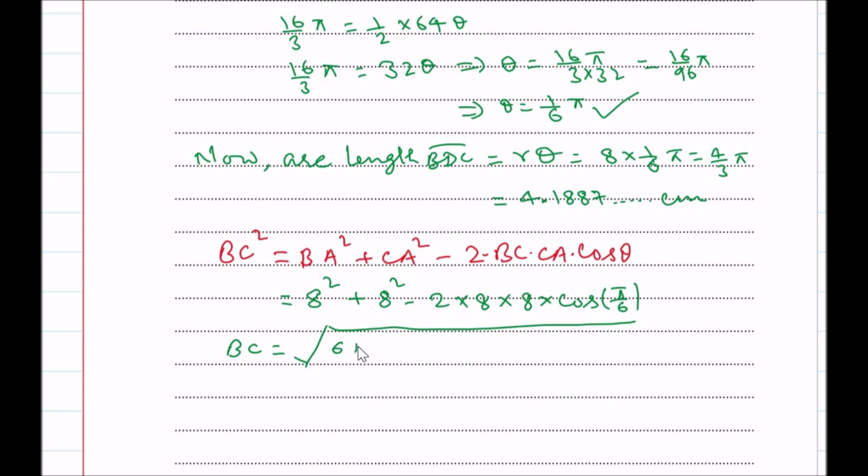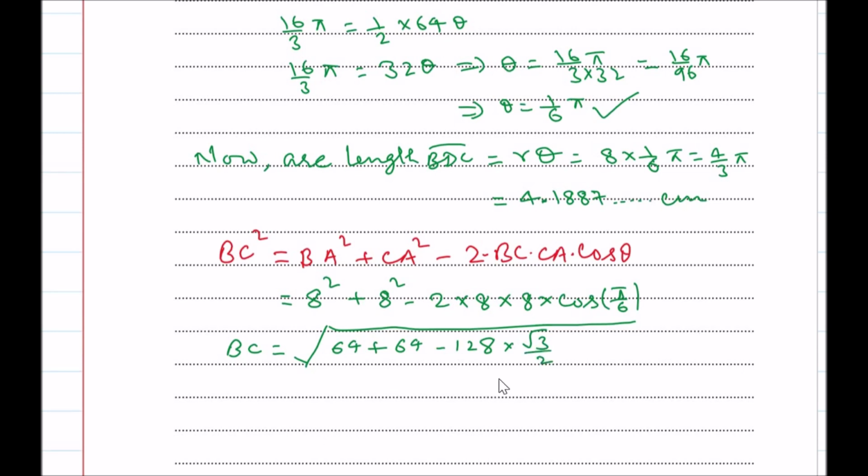So 64 plus 64 minus 128 into root 3 by 2, because cos pi by 6 is root 3 by 2.